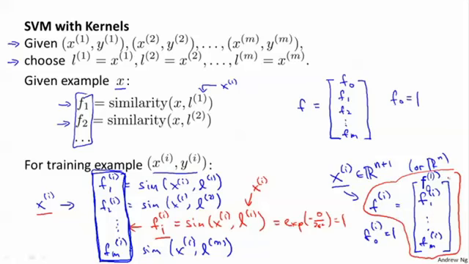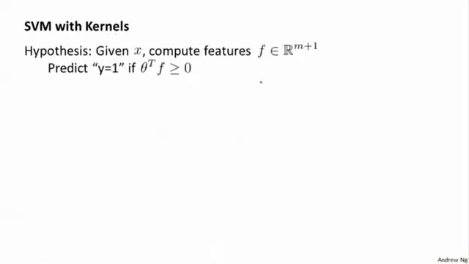So given these kernels and similarity functions, here's how we use a support vector machine. If you already have a learned set of parameters theta, then given a value of x, to make a prediction we compute the features f, which is now an Rm plus 1 dimensional feature vector. We have m here because we have m training examples and thus m landmarks. We predict 1 if theta transpose f is greater than or equal to 0.